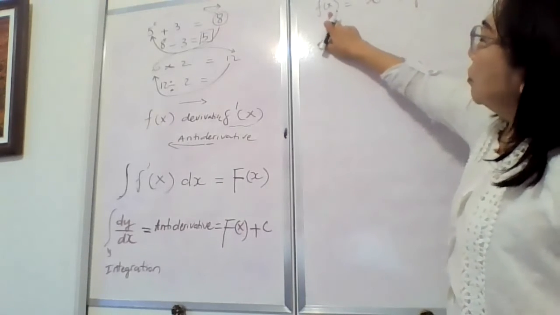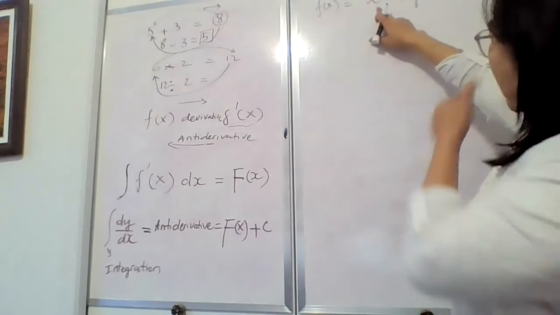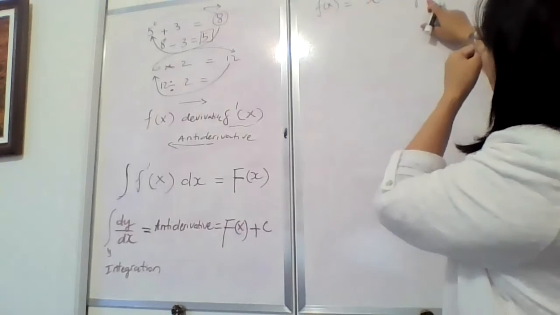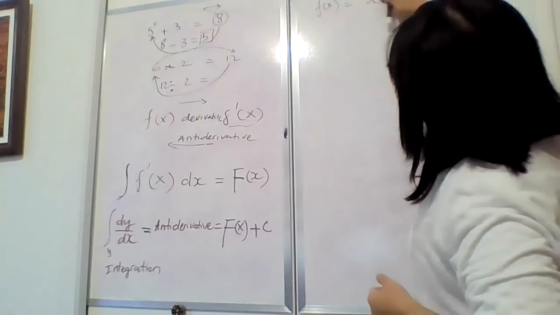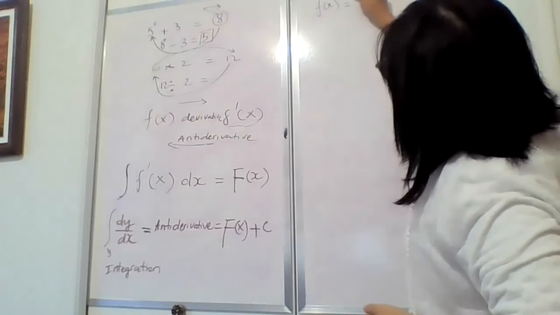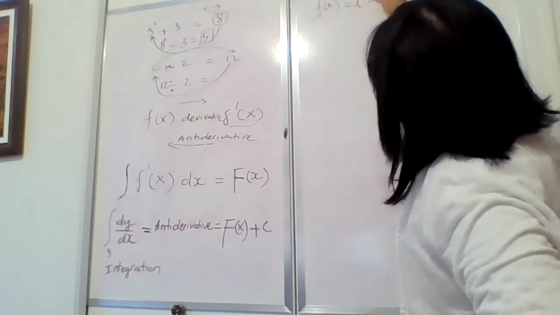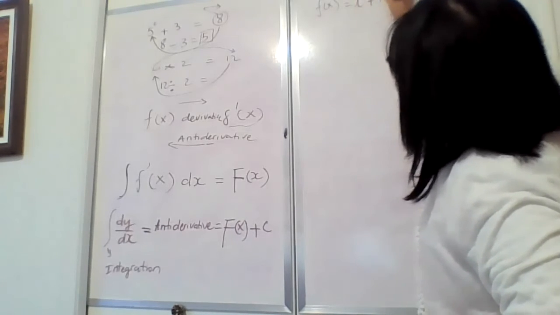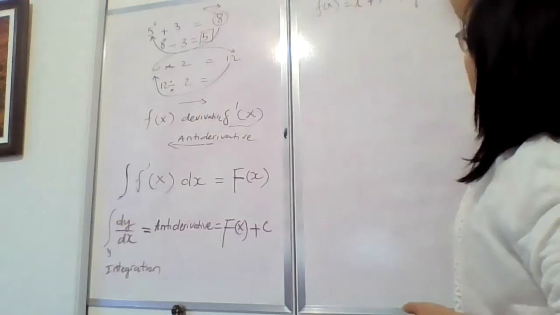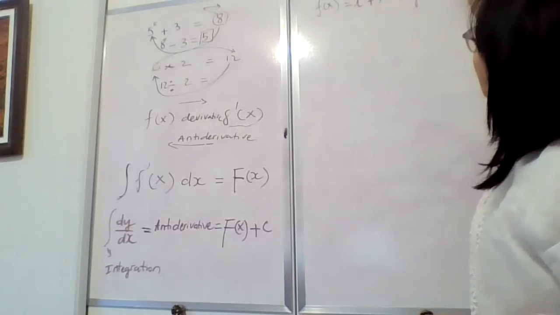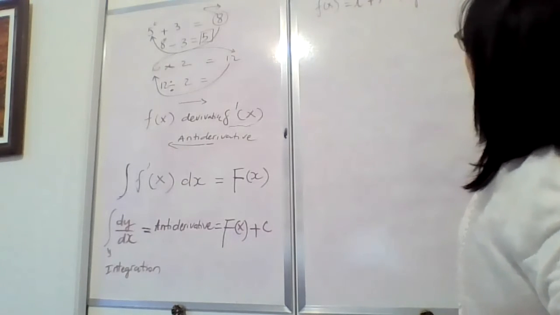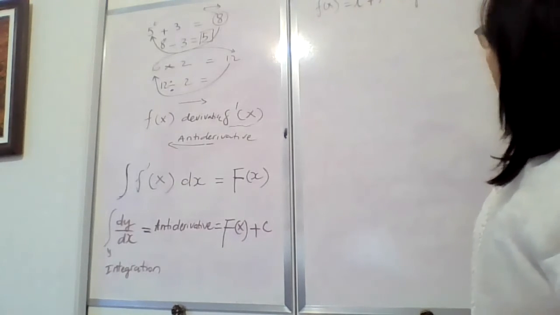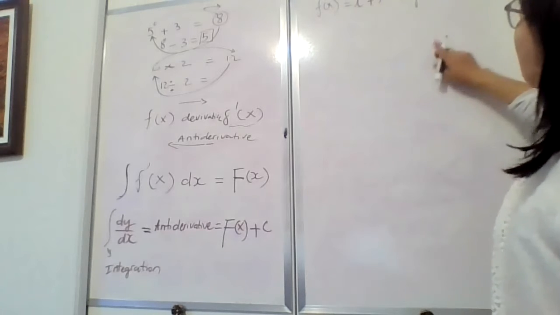So let's say you have an original function x squared plus 3. Then we take the derivative of this function, it becomes 2x, right? Plus 0, and we don't have to write plus 0, right?